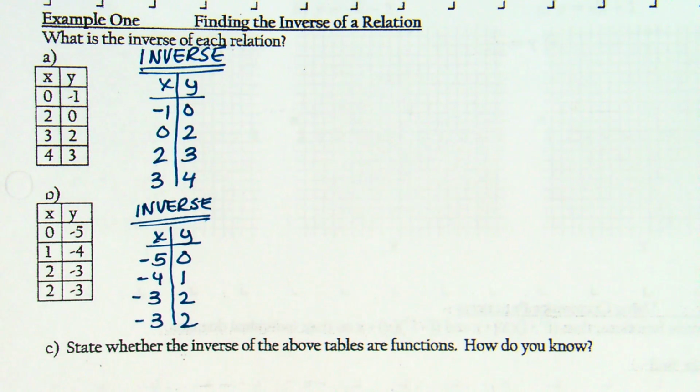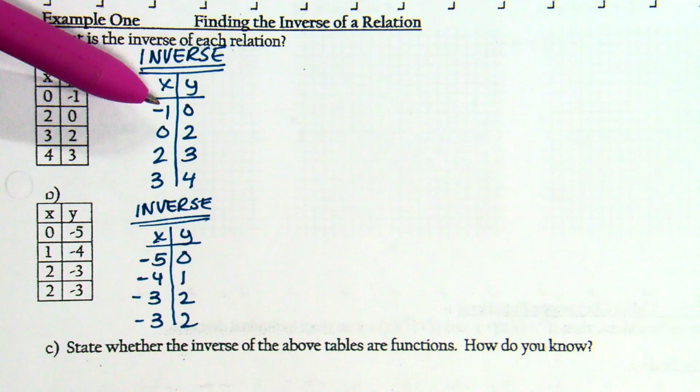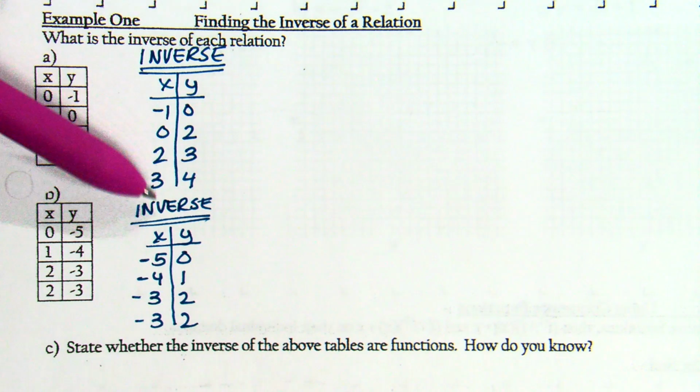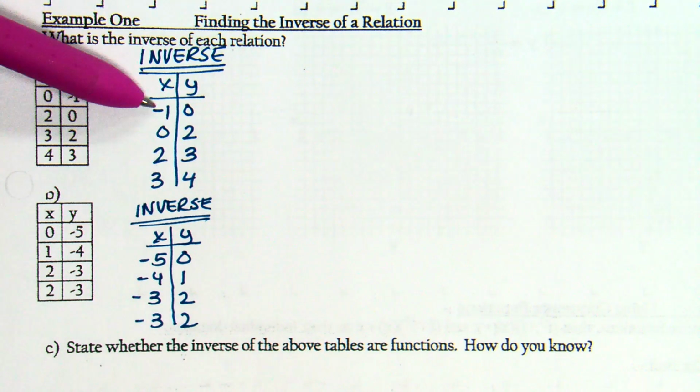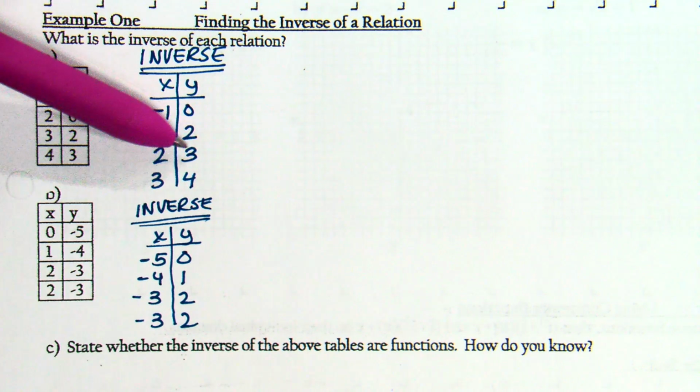So if we look at A, -1. Are there any other -1s in use here? No, -1 only goes to 0. What about 0? It only goes to 2. What about 2? Only goes to 3, and 3 only goes to 4.